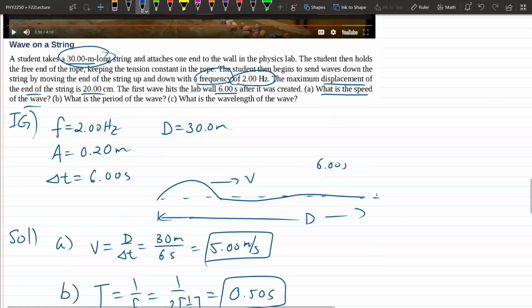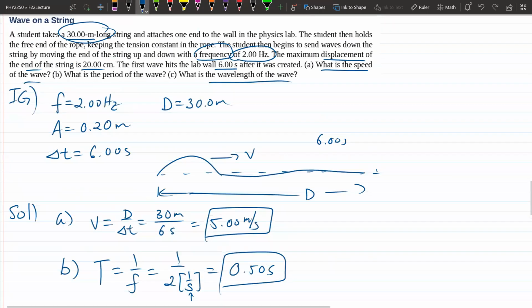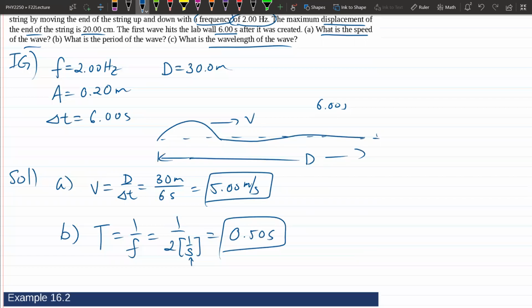So part C, what is the wavelength of the wave? How do we figure out the wavelength? Any idea? Some sort of combination? Yeah, Jacob? Multiply the velocity.